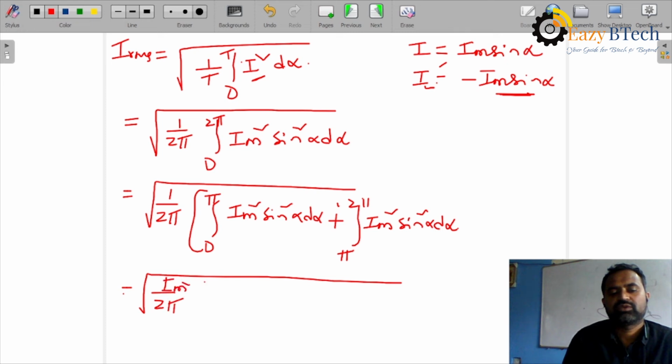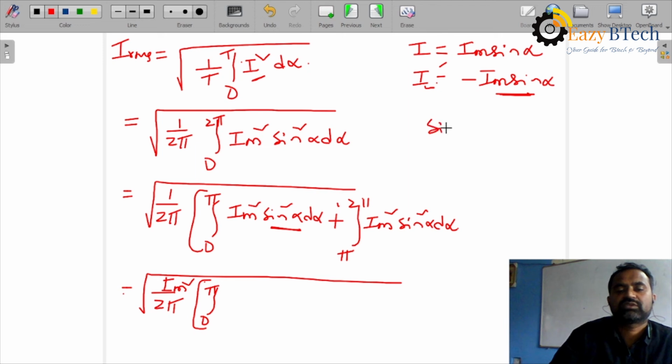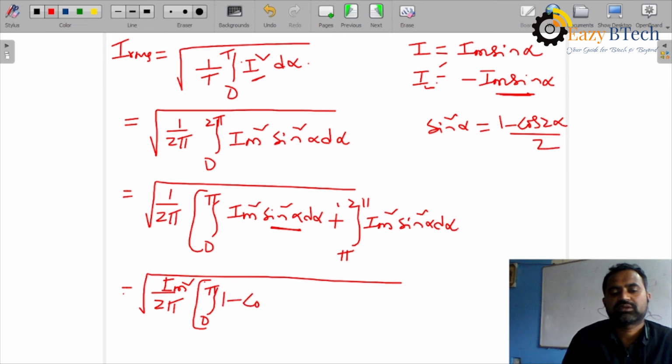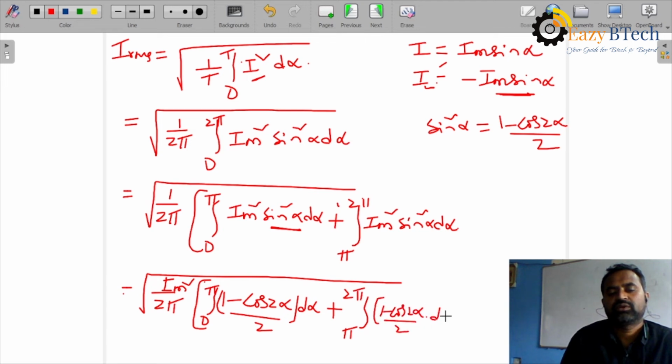Here Im square we will take common. We will write integral of 0 to pi, sin square alpha formula, as we have seen previously, is 1 minus cos 2 alpha by 2. We will write 1 minus cos 2 alpha by 2 d alpha plus pi to 2 pi 1 minus cos 2 alpha by 2 d alpha. This is the expression.